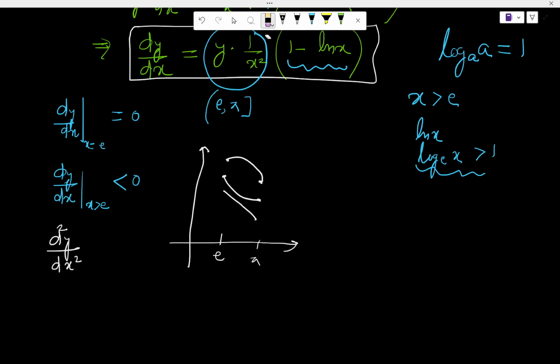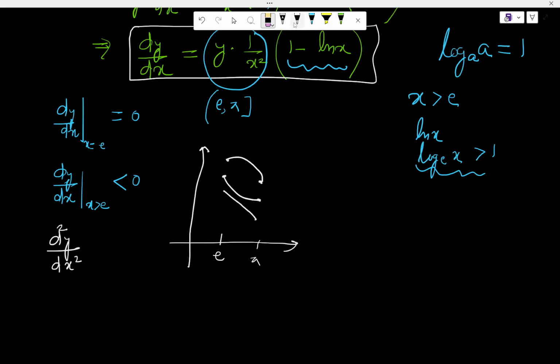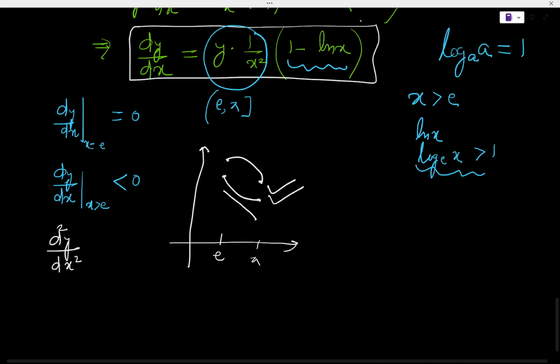If we take the double derivative, we can definitely judge the nature of the function, how the function is decreasing. But that's beyond the scope of this problem. For this problem, it's enough to know that the derivative is negative in the interval and the function is falling.